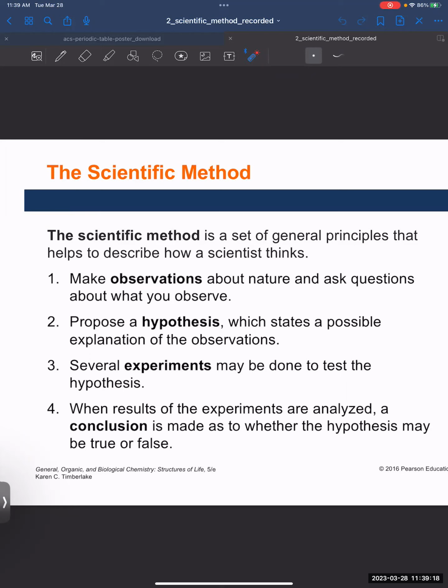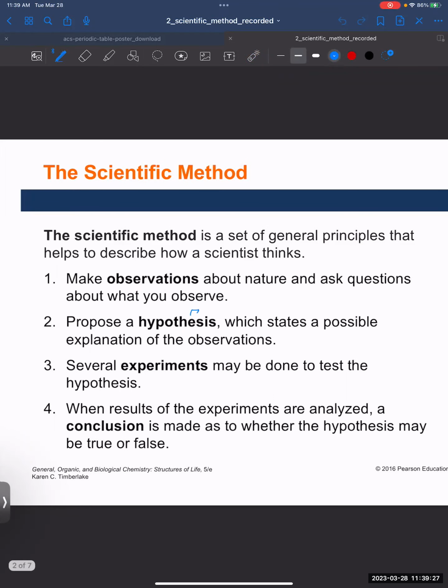And after making those observations, you will propose a hypothesis, which is an educated guess. And that educated guess helps us to state a possible explanation for the observations you have made.